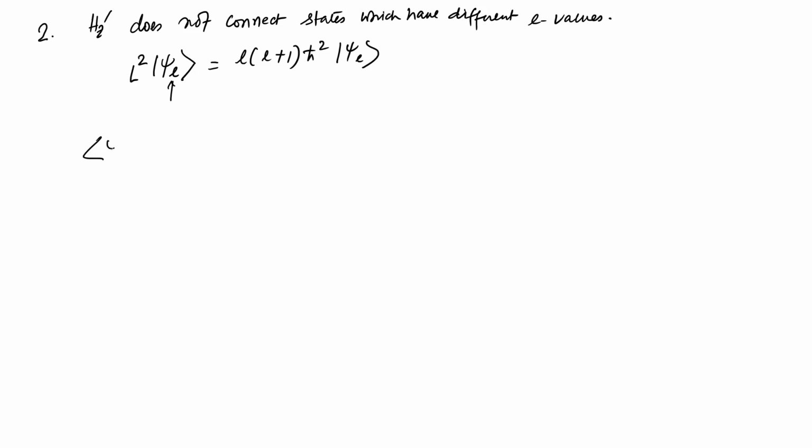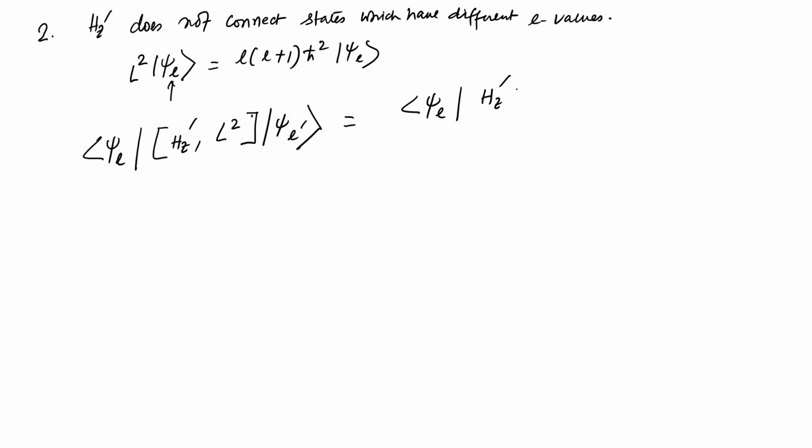So, now we take this psi_L and calculate this commutator of H_z prime and L square between different L, which is say L prime. So, this is equal to <psi_L| H_z prime L square |psi_L'> minus <psi_L| L square H_z prime |psi_L'>.